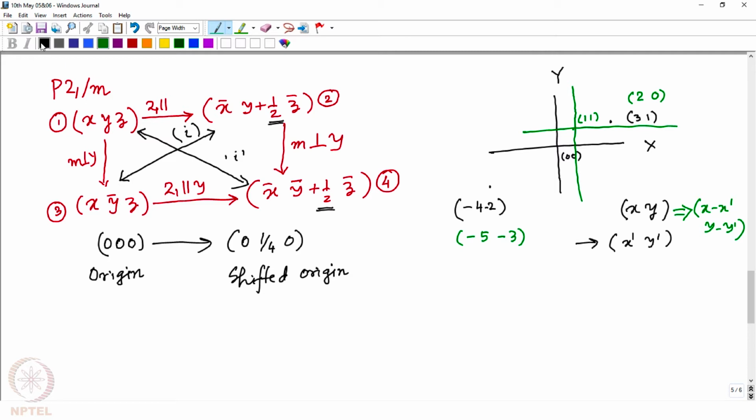But if the coordinate was negative, minus x, minus y, then it changes to minus x prime, minus y prime. With this concept, we should start rewriting these 4 points.